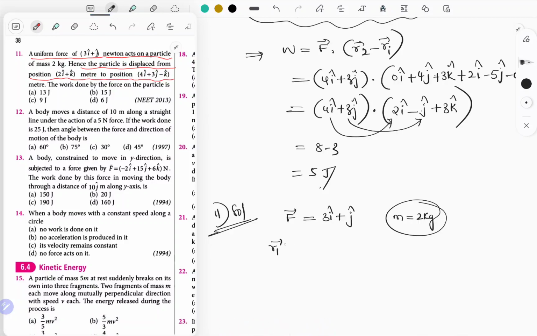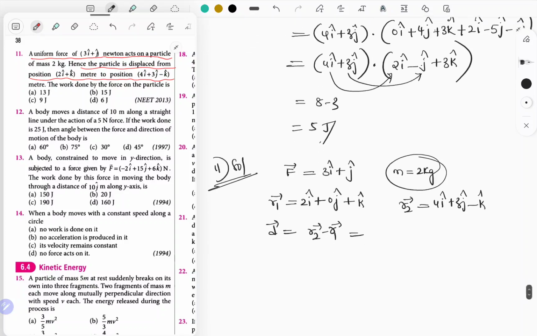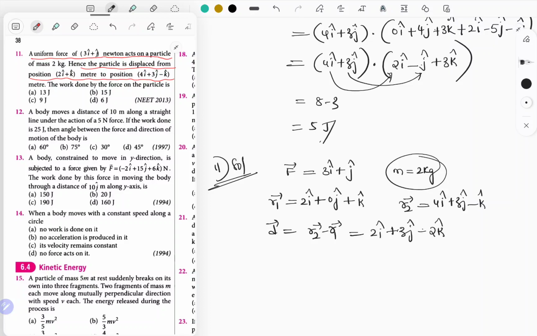R1 bar is equal to 2i cap plus, they didn't give j cap, let me write 0 j cap so that we can avoid confusion, plus k cap, and R2 bar is equal to 4i cap plus 3j cap minus k cap. Displacement vector is R2 bar minus R1 bar, which is 4 minus 2, 2i cap, 3 minus 0, plus 3j cap, minus of minus plus, it is minus 2k cap.